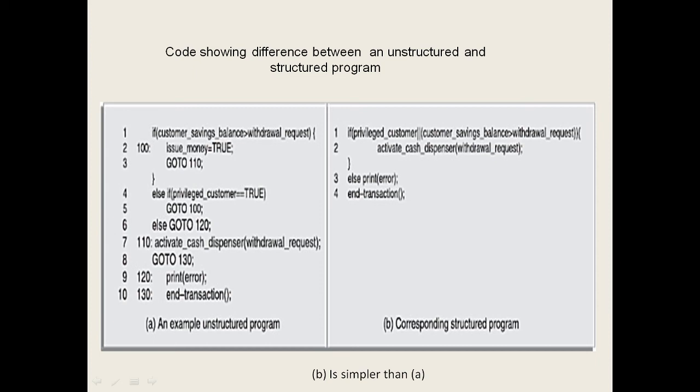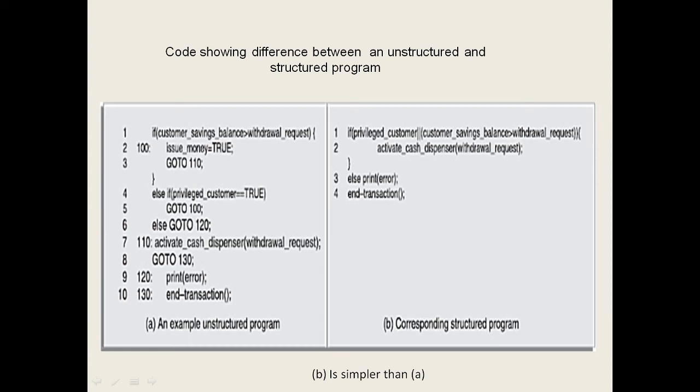So the first statement labeled 1, 2, 3, 4, after execution of that first statement, if the current savings balance is greater, then the control transfers to the second statement labeled as 100, and then to the third statement, and from the third statement the control transfers straight to the seventh statement.